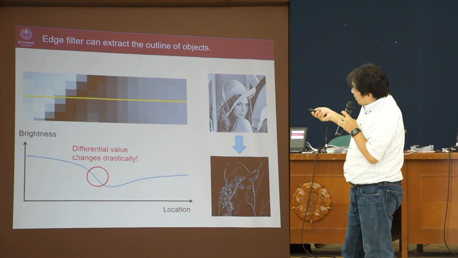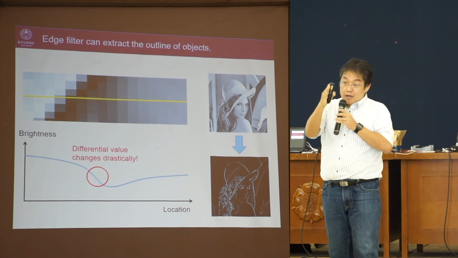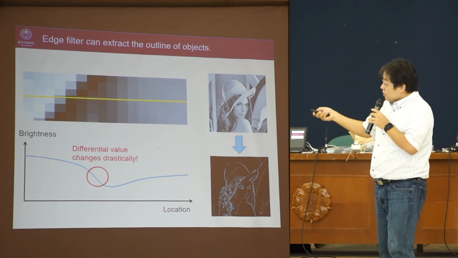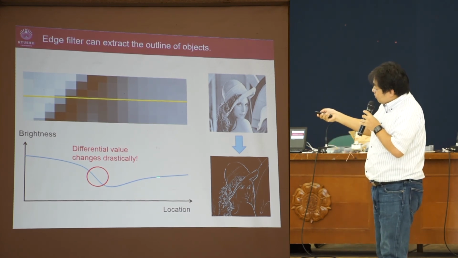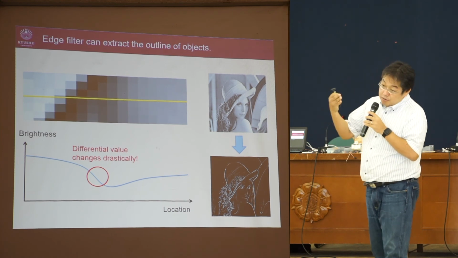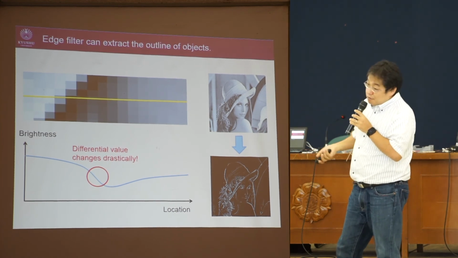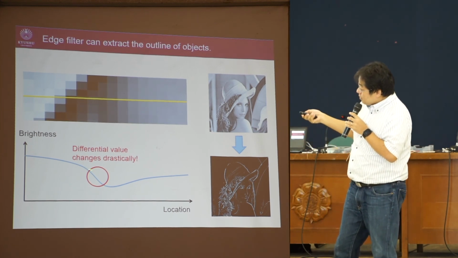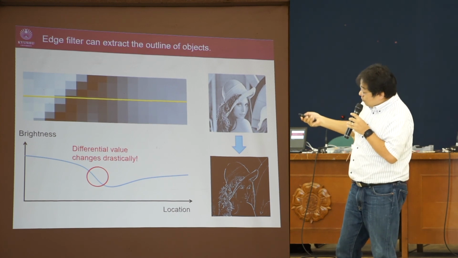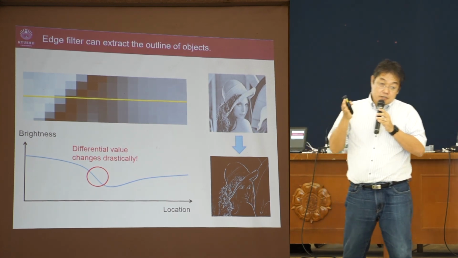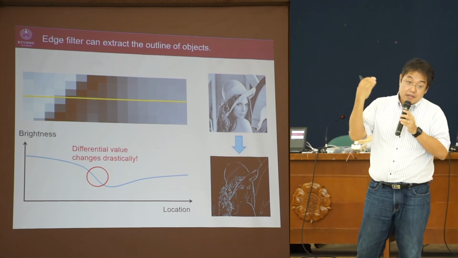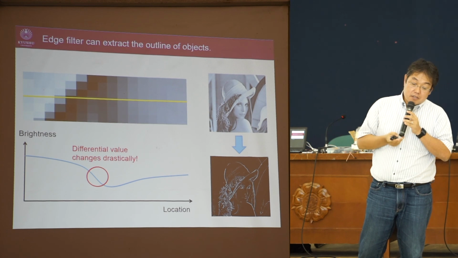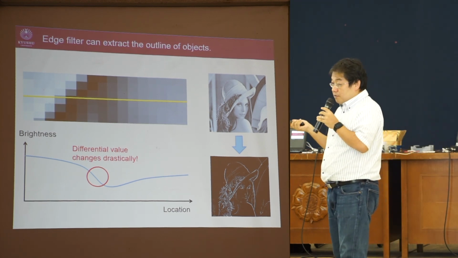So at this part the brightness suddenly changes. Please imagine the equation of the curve of this line. So we apply differentiation of this curve. So in this range, the differentiation value is very high. So this part is the edge of the image. So this is the edge filter, sometimes called a differential filter.